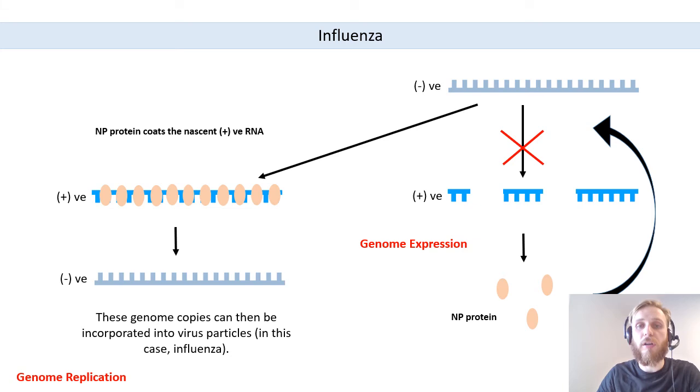Because we're talking about a negative sense single-stranded RNA virus, the end product of replication needs to be the same as the initial genome. This is what happens at the end. Let's remember this final step, because it's really easy to miss it out, and then all of a sudden nothing makes sense, because we haven't ended up with the type of genome that is necessary for successful genome replication.